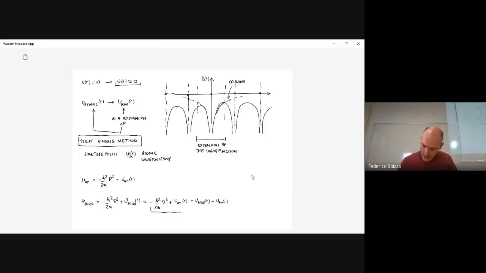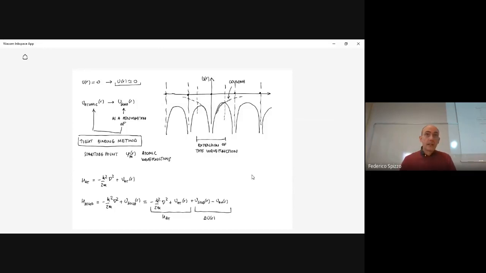So this is the atomic Hamiltonian, and this is the difference between the solid, the contribution of the solid state, and the contribution of the atomic Hamiltonian.